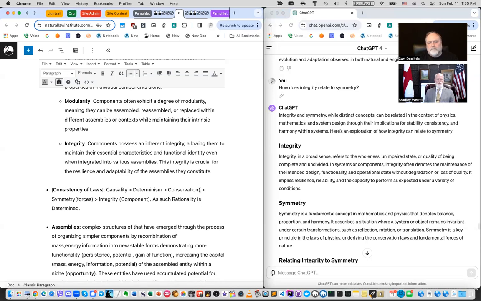Yes, this. I like that. I don't know what word to use there. Well, conservation is mass, isn't it?